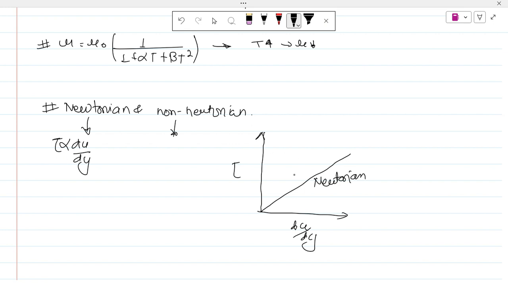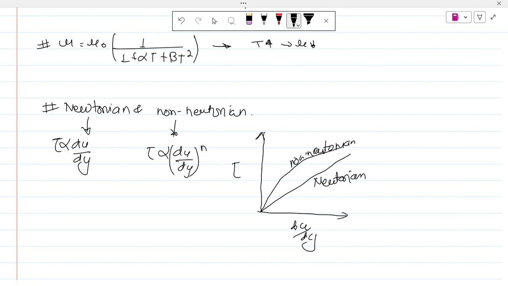Now non-Newtonian is like this, where shear stress is proportional to the nth power of shear strain, or simply strain rate. This is known as a viscous non-Newtonian fluid.